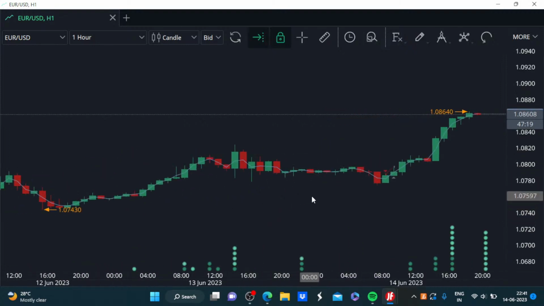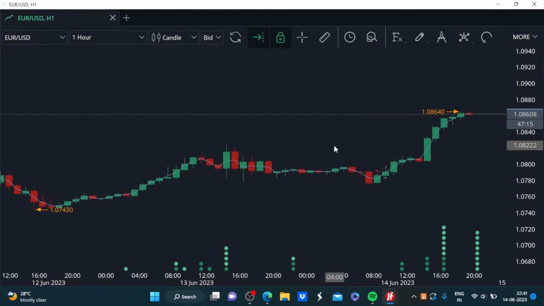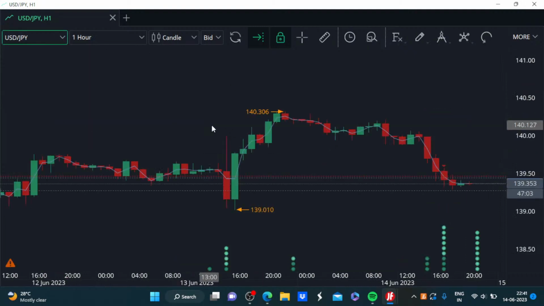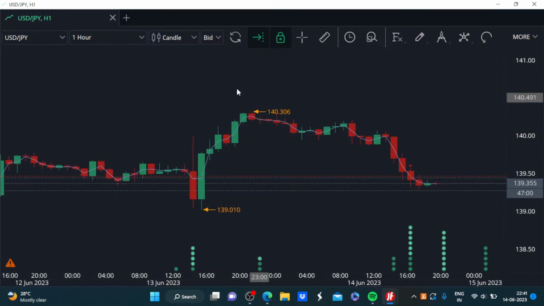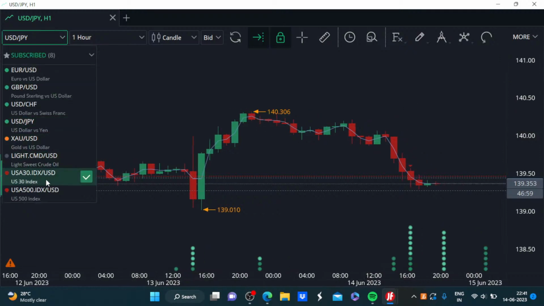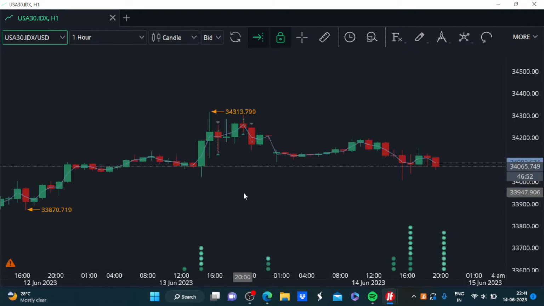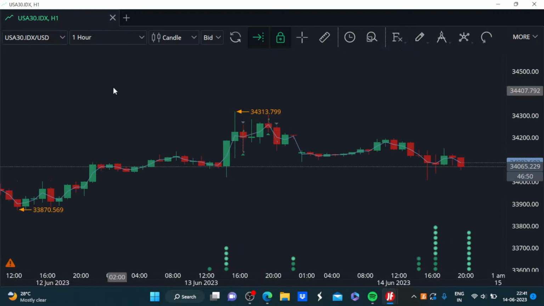You can use this indicator in the currency segment, in the commodity segment, in the stock segment. So all kinds of financial instruments are going to work with this indicator if you simply change the instrument, or if you feel like, you can even try out the indices and the commodities.